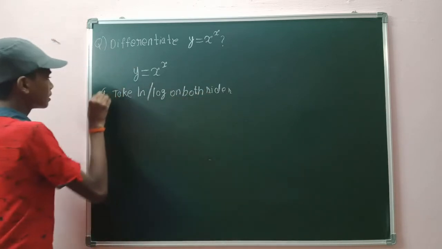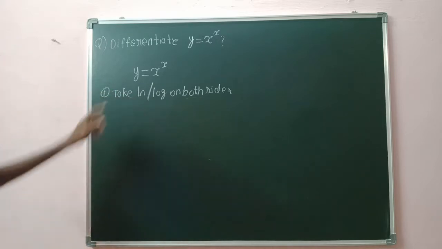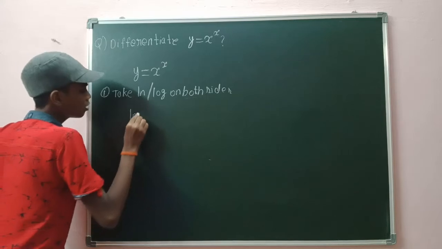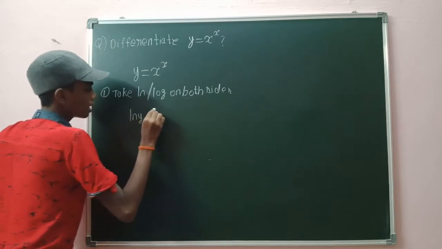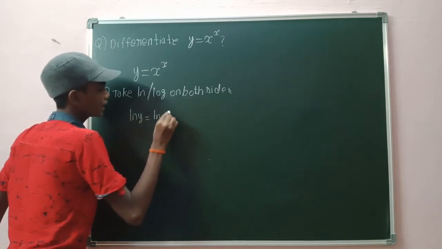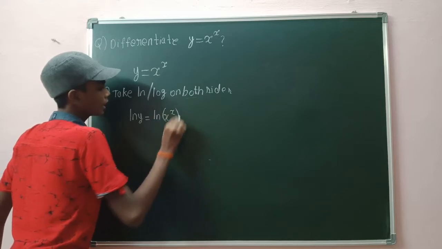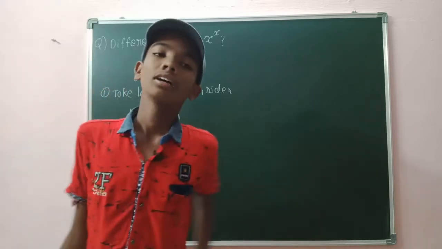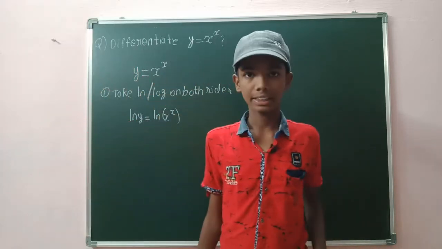That's the first step. So in this equation, when I take ln, I will get ln of y is equal to ln of x power x. This is the first step that you are supposed to do in this method of logarithmic differentiation.